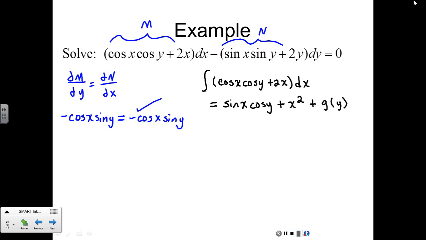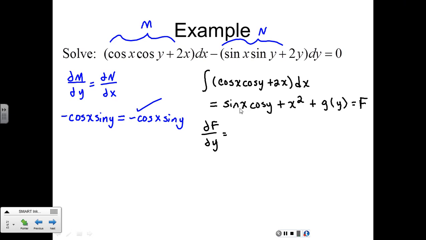So this is almost my potential answer right here. I've almost got it all together. We'll call this big function f. Okay, so a partial of f with respect to y, we're going to take the derivative of this thing I've got here with respect to y.